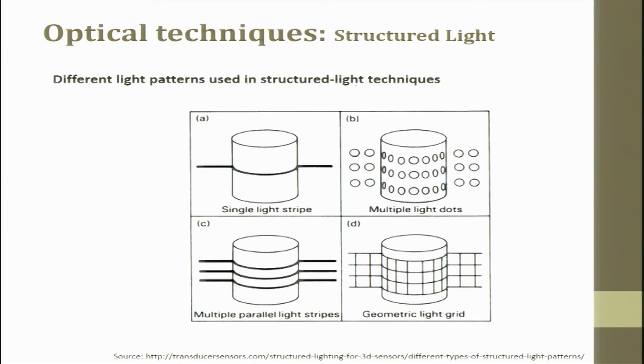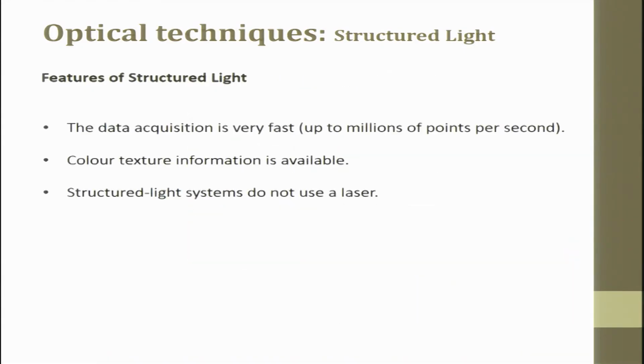Different light patterns used in structured light techniques are: single light strip, multiple light dots, where when the light reflects you can start measuring that and then get the data, multiple parallel line strips, and geometric light grids. So, basically you make a grid of light and allow the grid of light to fall on the object, then you take the reflection from the object and gather the data.